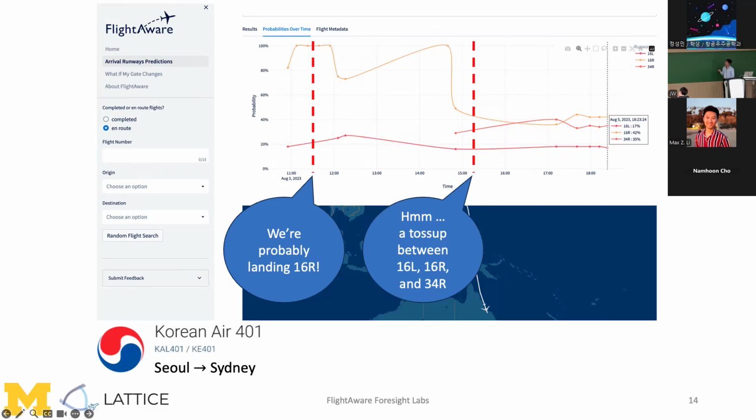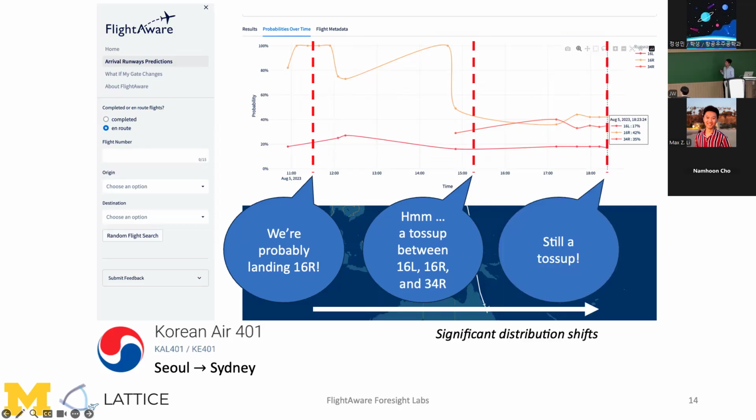So this tells me, as an air traffic manager, that I don't have a lot of confidence in my weather forecasts because I don't know if it's going to be a southern wind or a northern wind. And we still have a bit of uncertainty even at the most recent time of querying this machine learning model.